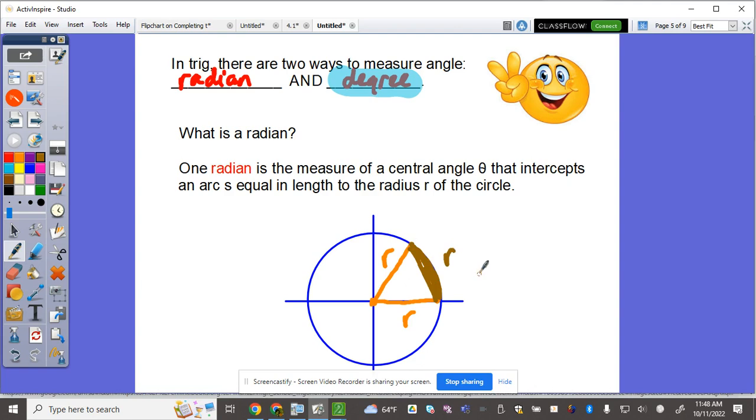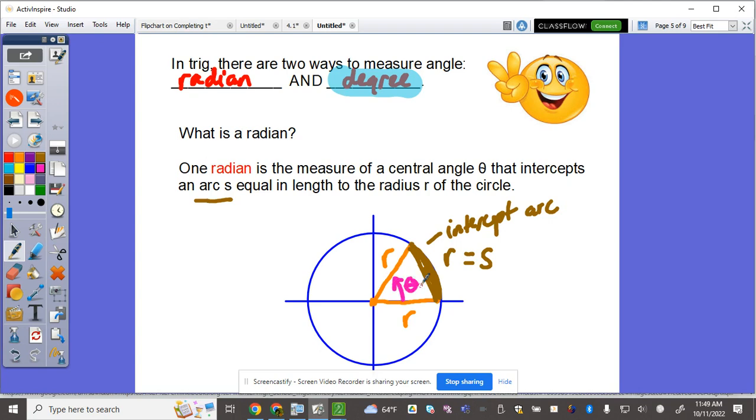That's also R. And we call that S. That's the arc being formed, the intercepted arc, that measures the same as your radius. And the angle is this theta here.